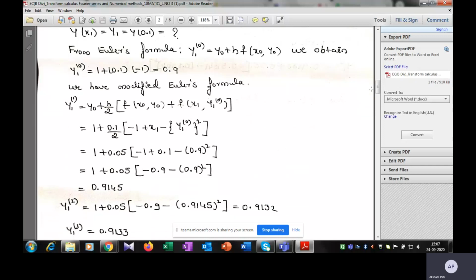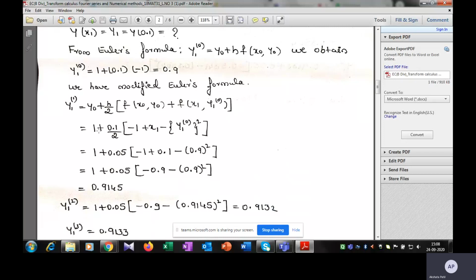The formula is y1 of first approximation equals y naught plus h by 2 into f of x naught comma y naught plus f of x1 comma y1 of initial approximation. In each approximation, keep in mind, you should use the preceding value of y1. So in this first approximation we use the Euler's formula value, that is, y1 of initial approximation value we should mention here.